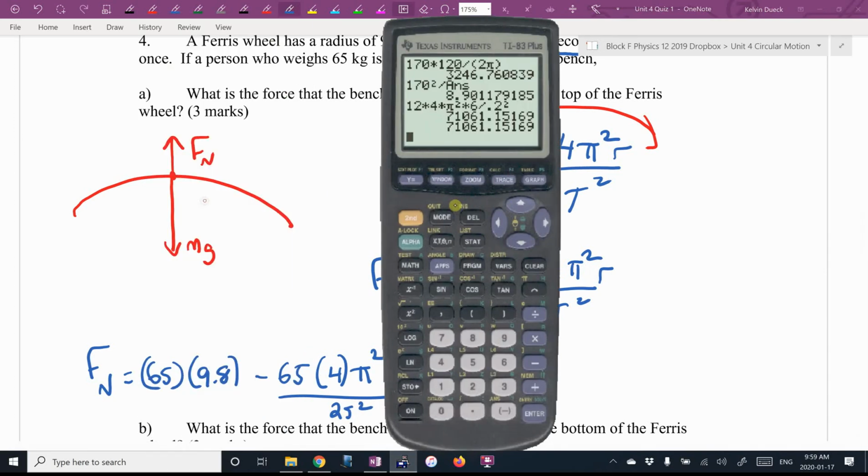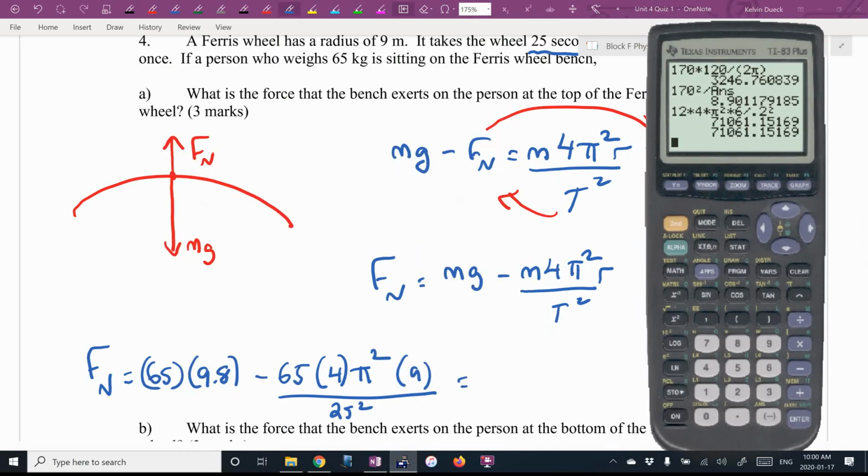No idea what the answer is here. 65 times 9.8 minus 65 times 4 times pi squared times 9 divided by 25 squared. Did y'all get 600 almost even? Is that right?